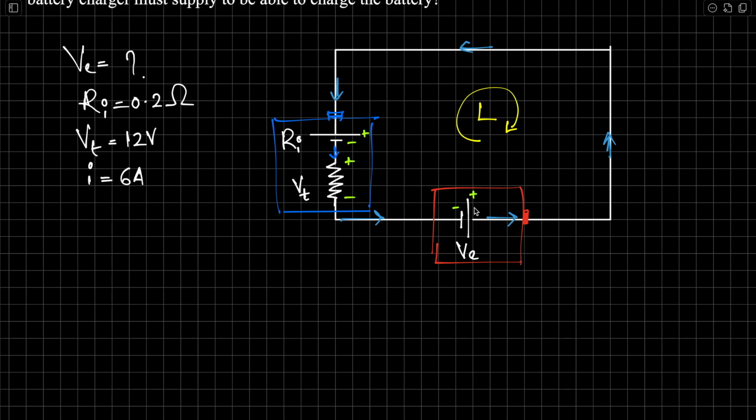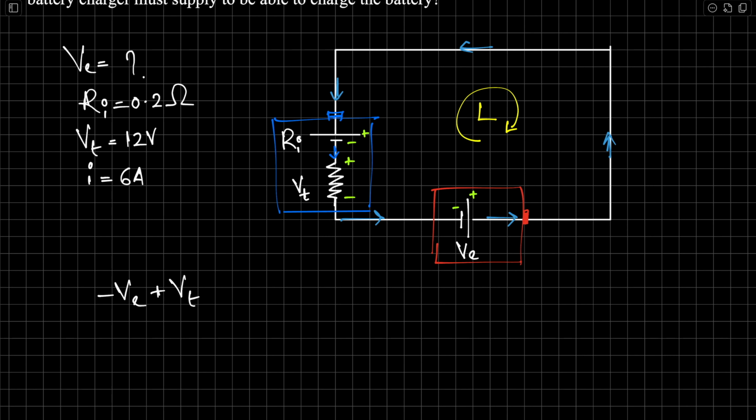Plus to minus is a drop, so minus VE. Then minus to plus is a rise, so plus VT. Minus to plus is a rise again, so plus IRi.